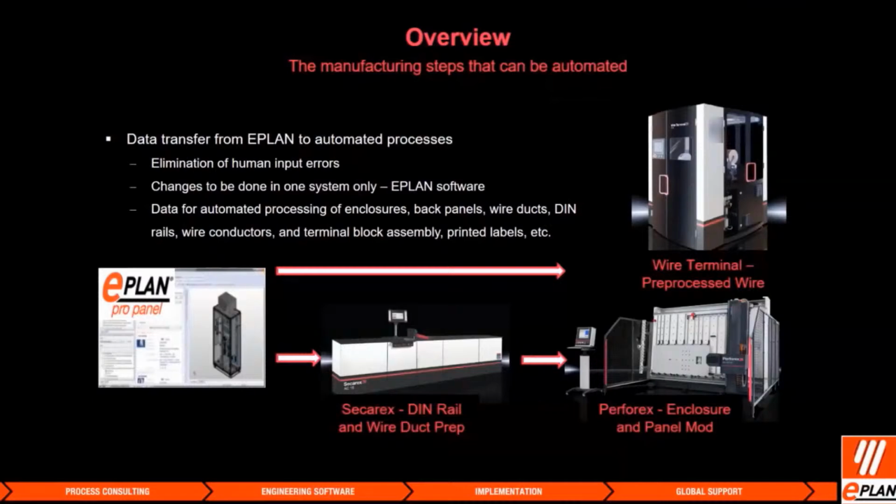So it's not difficult to keep track of revisions and, say, engineering change orders out on the floor. So data for automation of processing enclosures, back panels, wire ducts, DIN rails, wire conductors, and terminal block assemblies. I mean, even right down to the printed labels for device IDs and things like that.